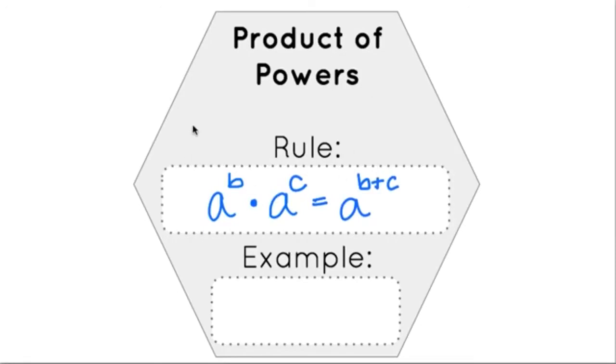So if you have a common base that we're multiplying powers, you add the exponents. So remember, product means we're multiplying. Don't forget we have to have the same base.